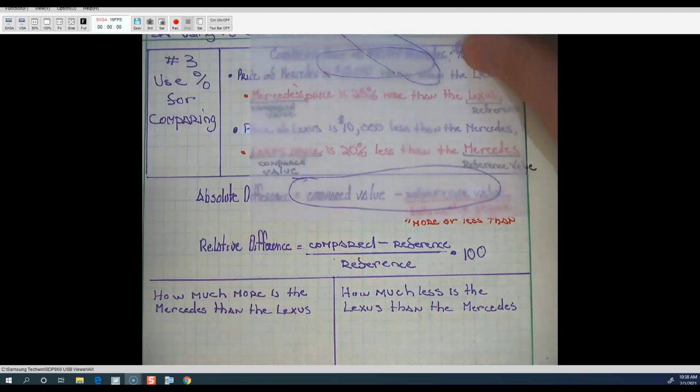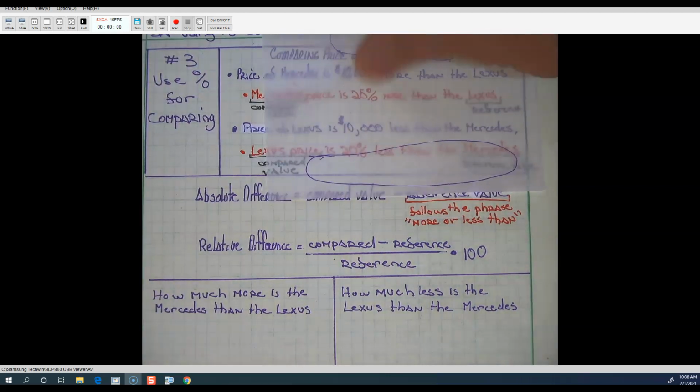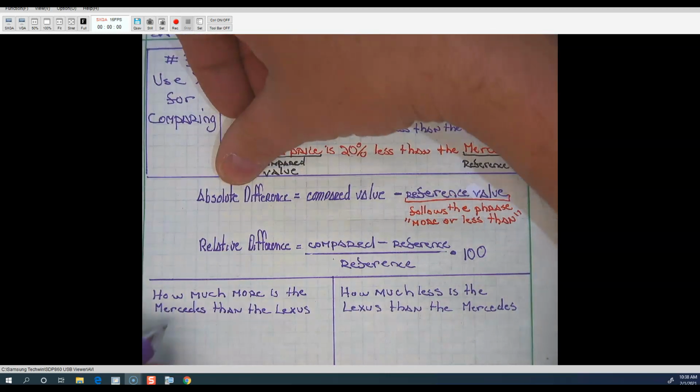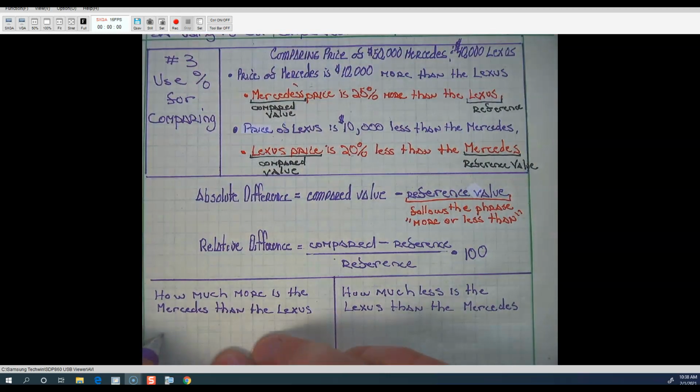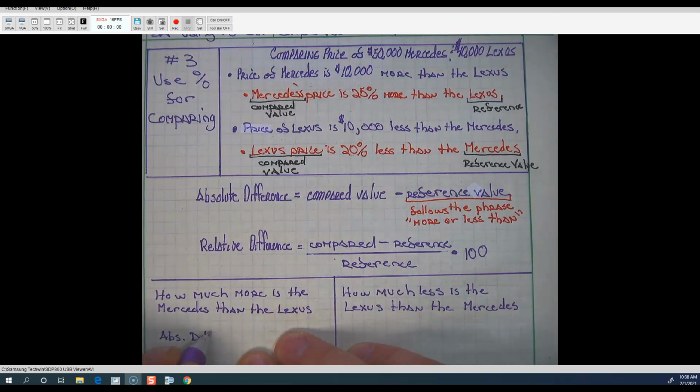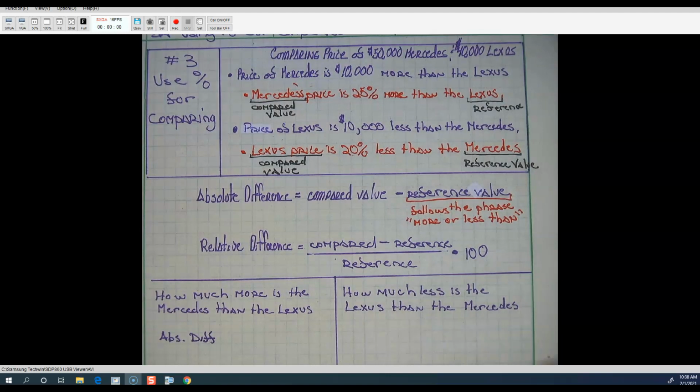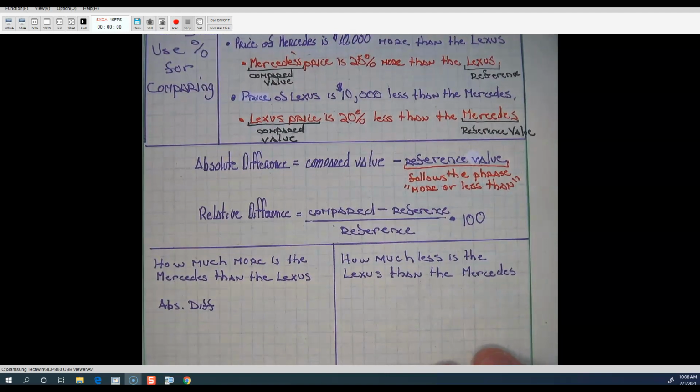Okay. All right. So the absolute difference for these, so I'm just going to write ABS difference. All right.